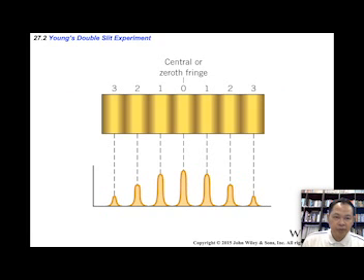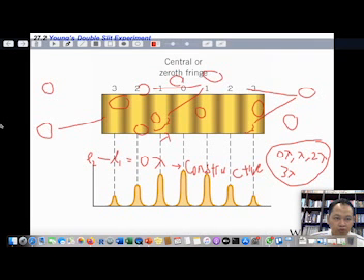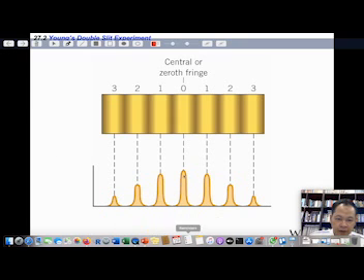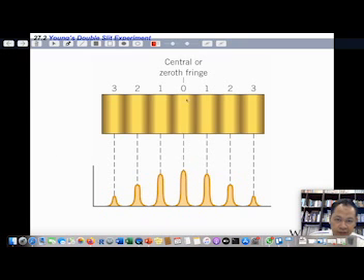Okay, from this experiment, what will you expect here? In the center, the 0 fringe, you can expect here will be bright. Okay, this is bright.